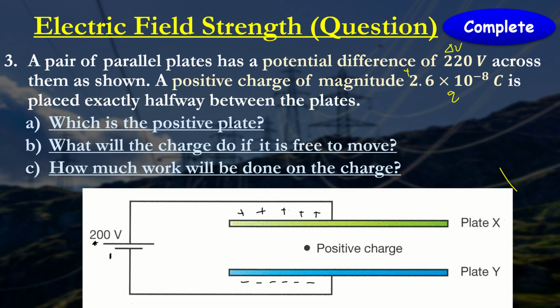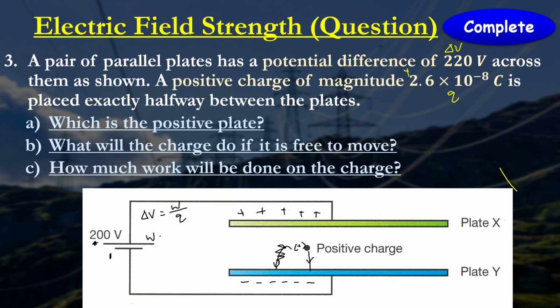Which will the charge, or what will the charge do if it's free to move? Now the charged particle, because it's positive, it's going to go to the negative plate. Or not like that, but more specifically, just straight down. How much work will be done on the charge? Okay, so we know that the potential difference is due to the work over charge.